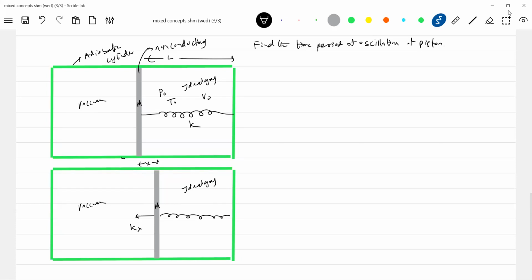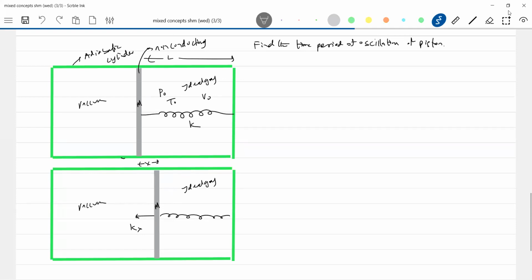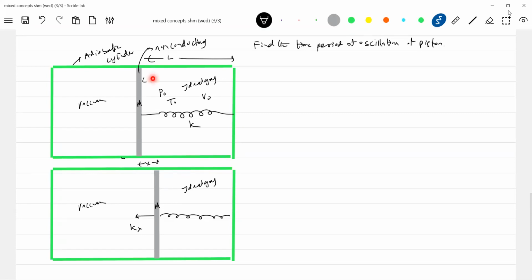Initially there was a pressure P naught, so the pressure force acting was P naught A. The initial spring force will be Kx naught. Is it okay?